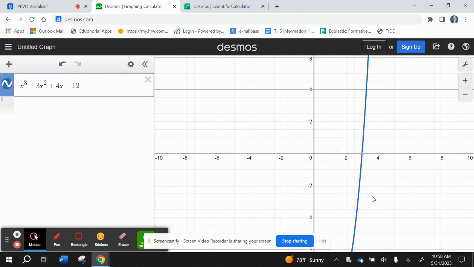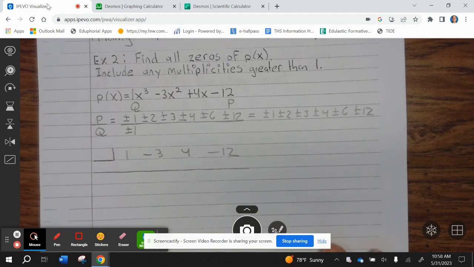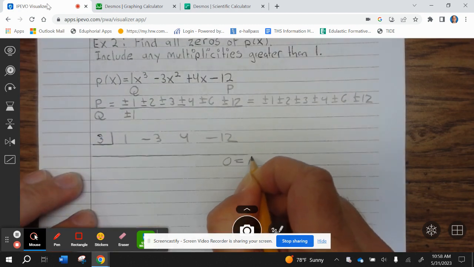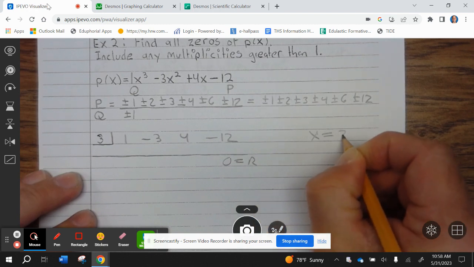You can see here that we have one of the zeros, but the other zeros aren't crossing, so they're going to be imaginary. So we're going to use probably the quadratic formula to find those again. But we'll start with 3. Now we know that the remainder is going to be a 0, and we know that x equals 3 is one of the zeros.